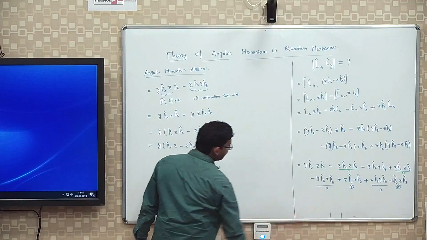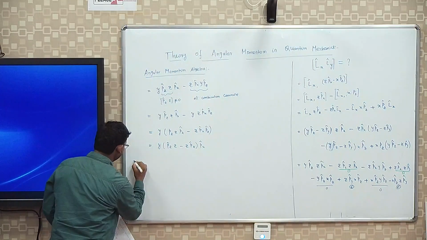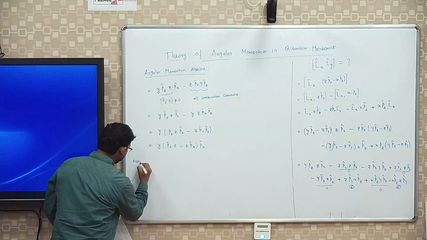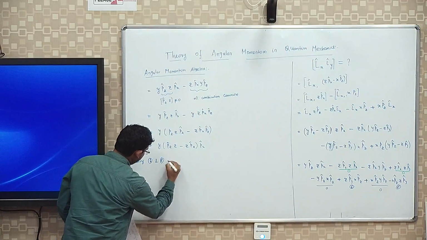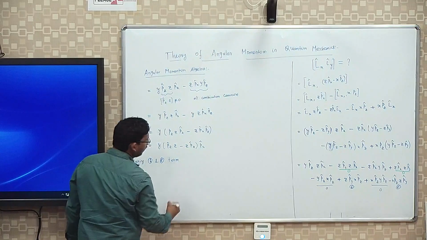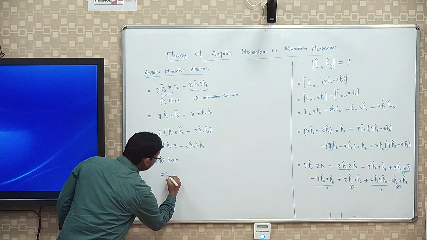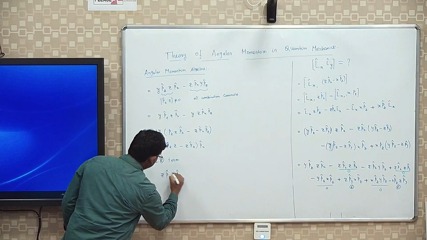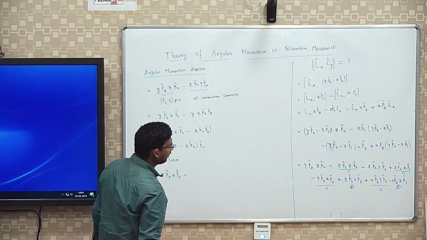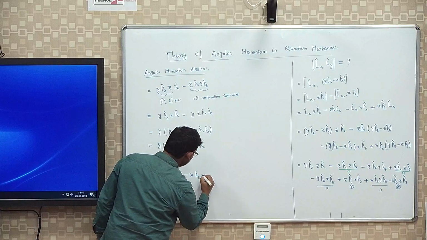So by considering the terms 6 and 8, eighth term z py x pz minus x pz z py.